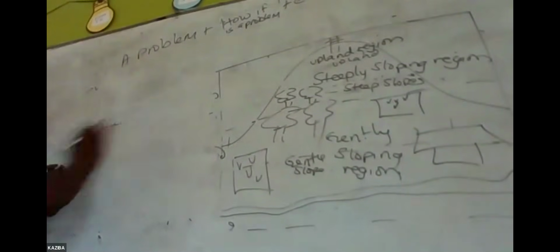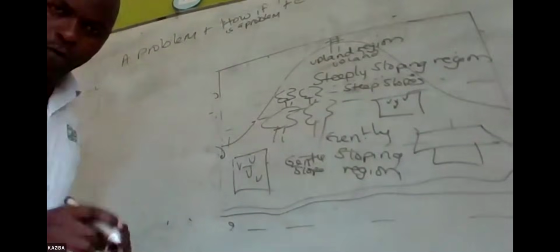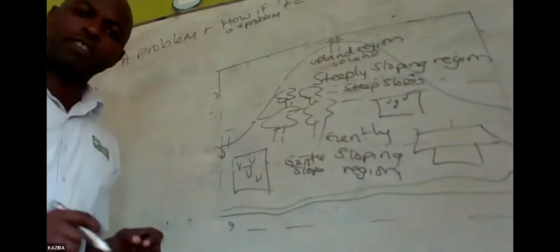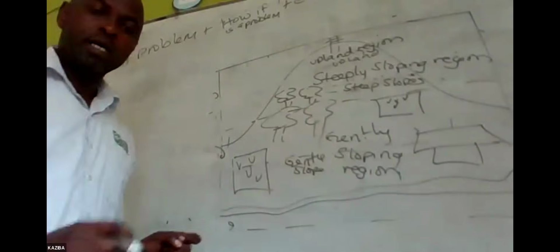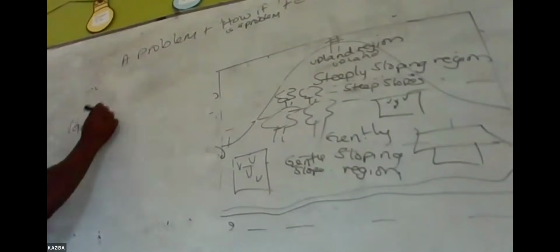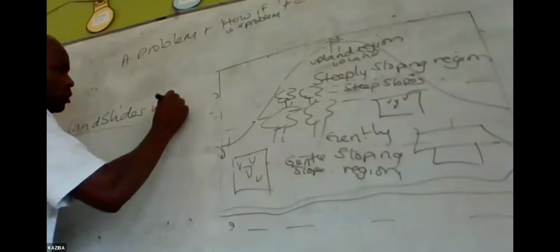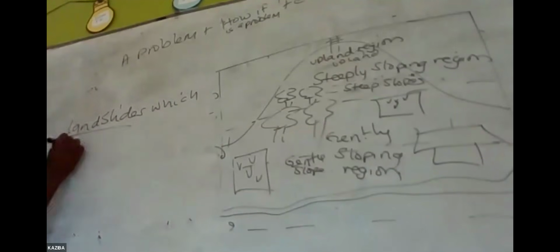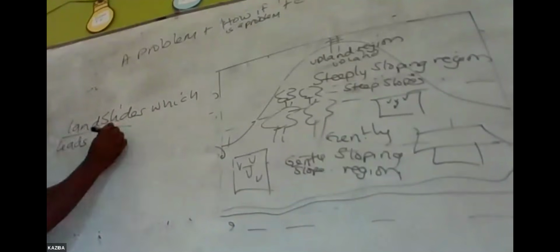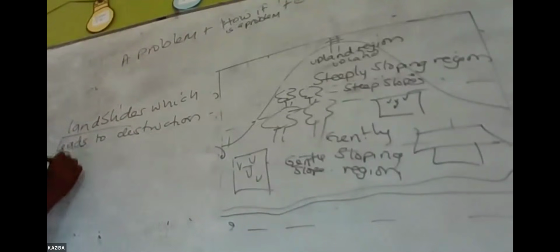For example, we have a problem of landslides. Don't say there's a problem of this, there's a problem of that. Just say landslides, that's the problem. So the problem is landslide. How is it a problem? Which leads to destruction of property.